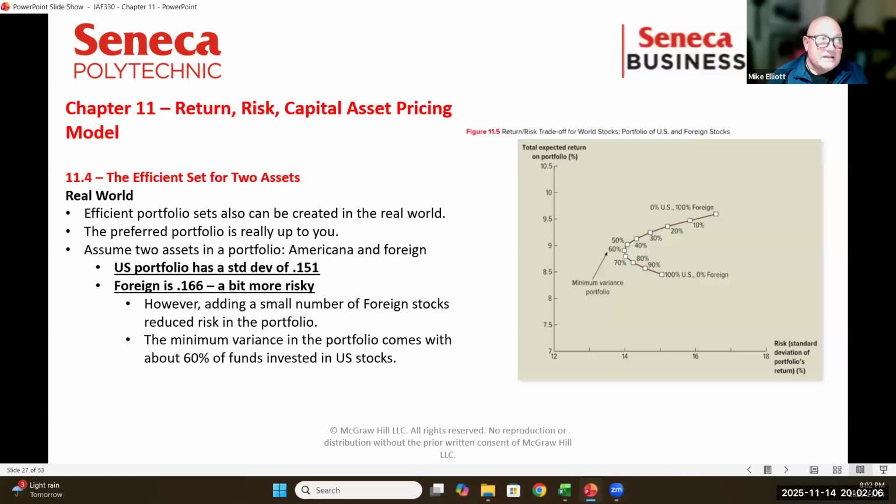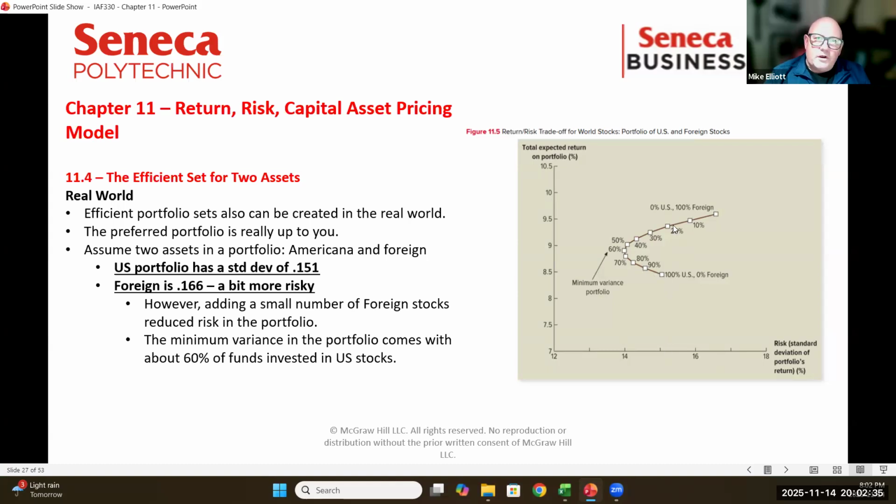They're going to be on this line somewhere. So 100% foreign gets us up here at around a 9.5% return and around a 17% standard deviation. US equities are about 8.5% return and about a 15% standard deviation.